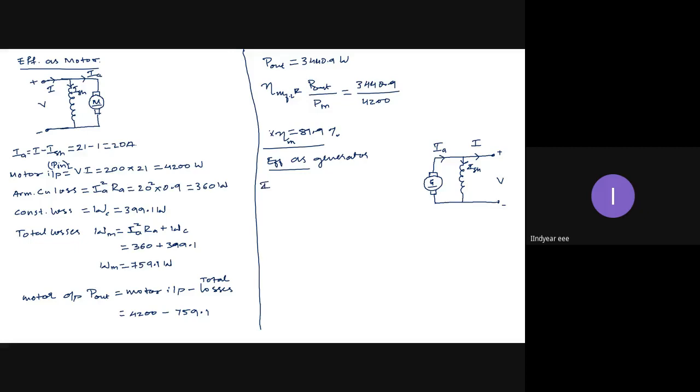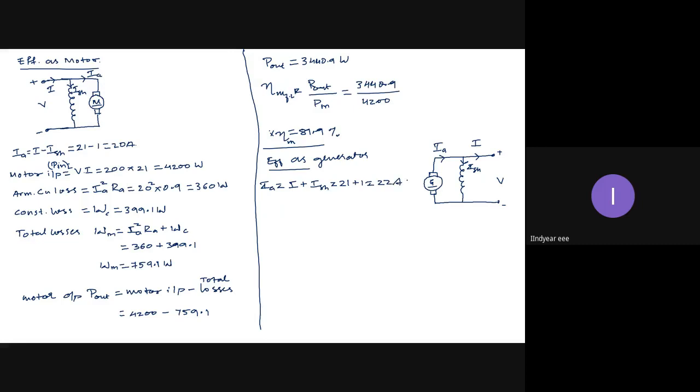So for a generator, IA is equal to I plus ISH. The specified current is 21 plus 1, it is 22 amps.